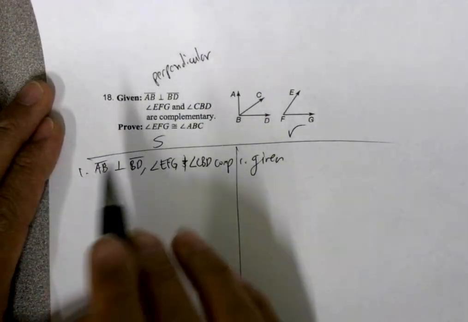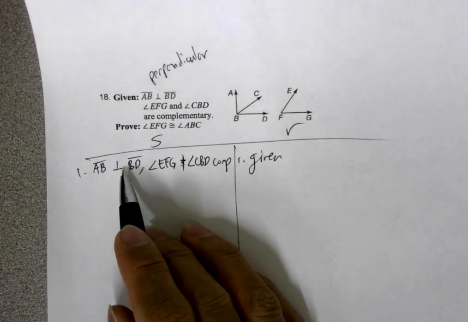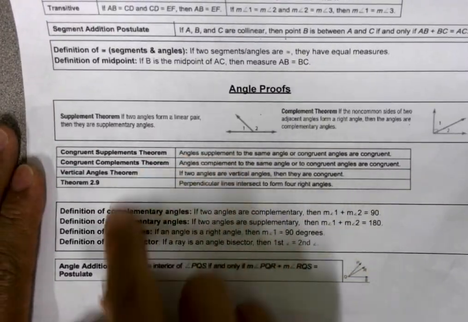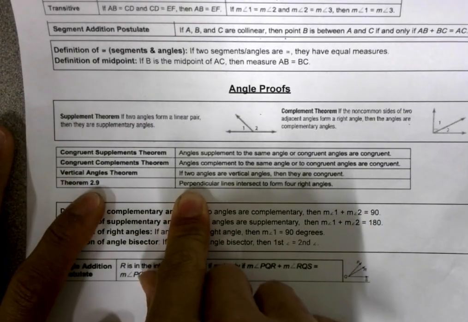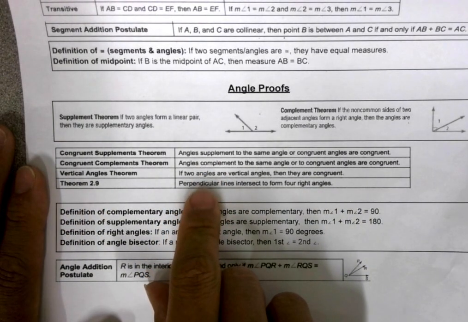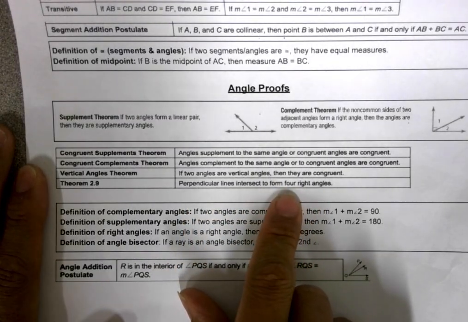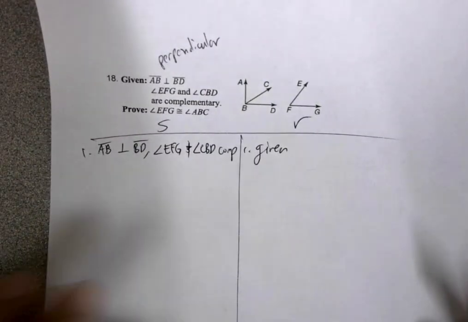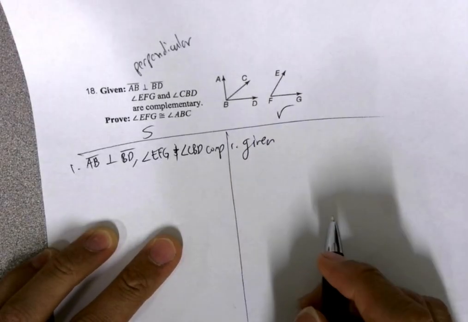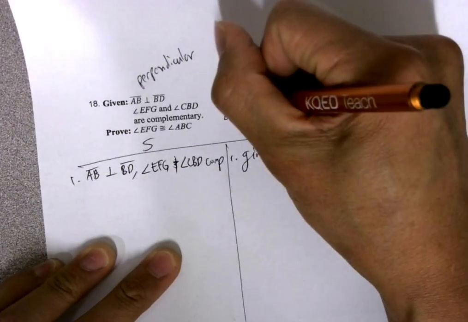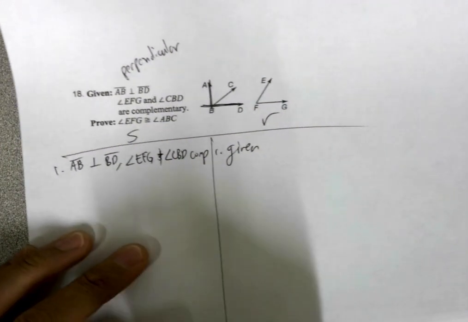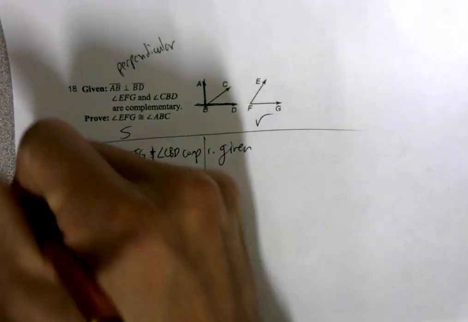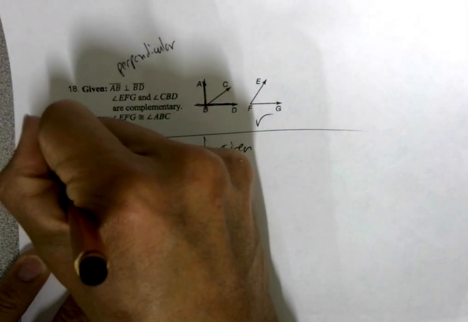Okay, so if we have perpendicular, then what can we say? Well, we're looking at our angle proofs cheat sheet, and where does it say perpendicular? Well, that is right here. It's the only place, theorem 2.9, and it says if we're given perpendicular lines, then we can say that we have a right angle. So we can name it as a right angle. We're given that AB and BD are perpendicular, so the angle we can name as a right angle is angle ABD.